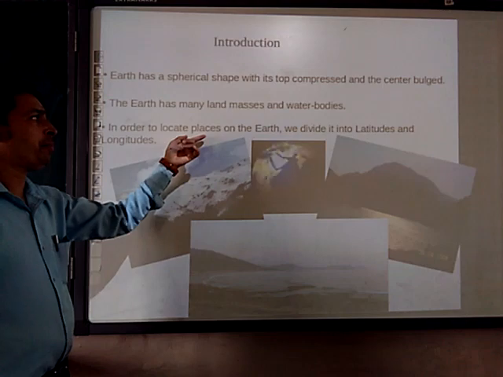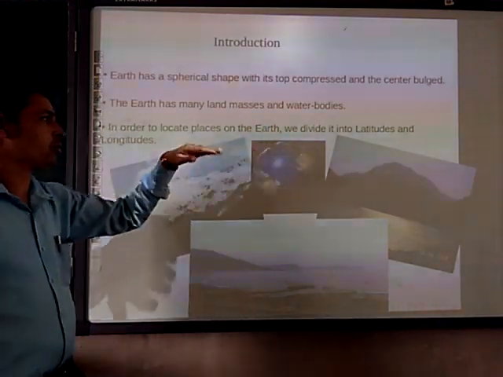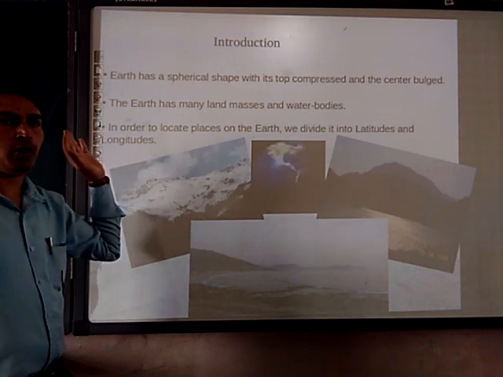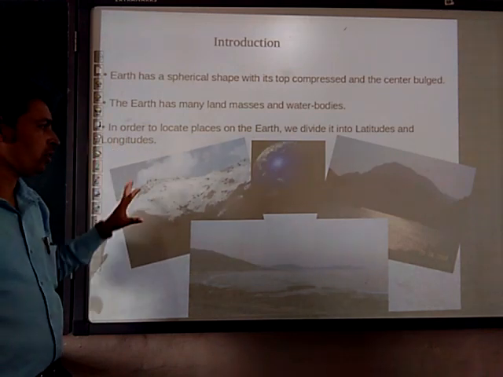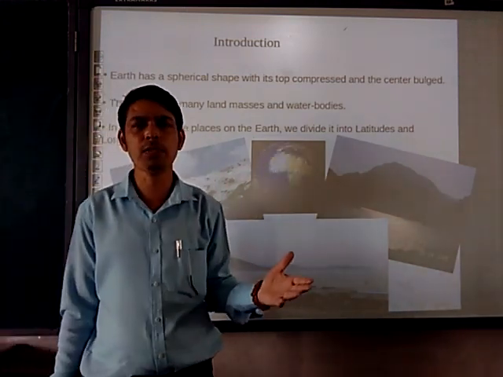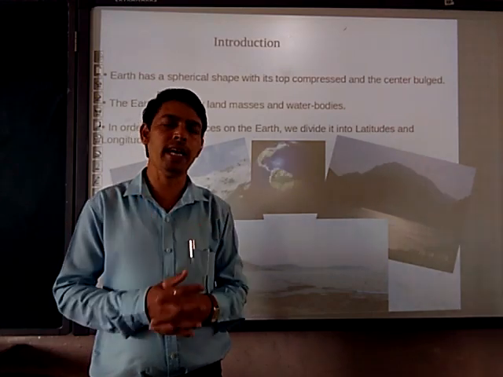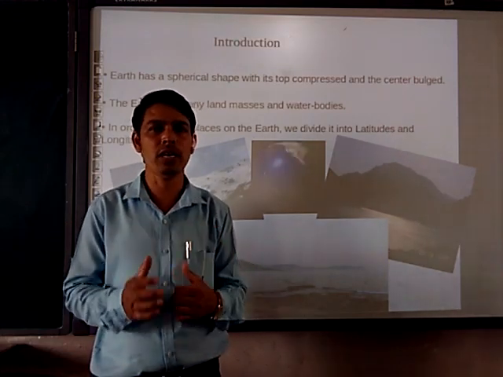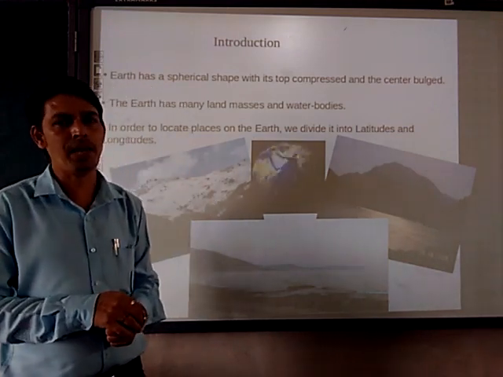In order to locate places on the earth, we divided it into latitudes and longitudes. So many landforms are there. As in our previous presentation also we had seen how we are locating any place. So the latitudes and longitudes are very important to locate any place.